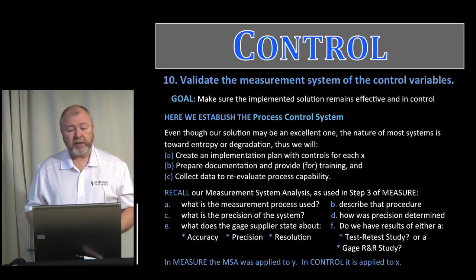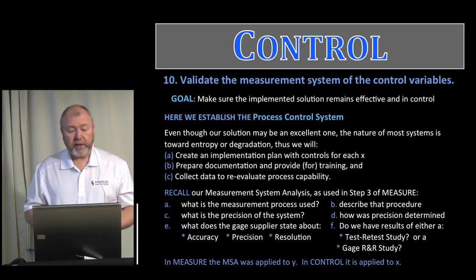Step 10, validate the measurement system of the control variables. So you will see then that we establish a control system and the steps are precisely what you've seen before, but previously with respect to the Y's, previously with respect to the old system, so to speak, because we've implemented improvements. We now have a fundamentally different process or system.